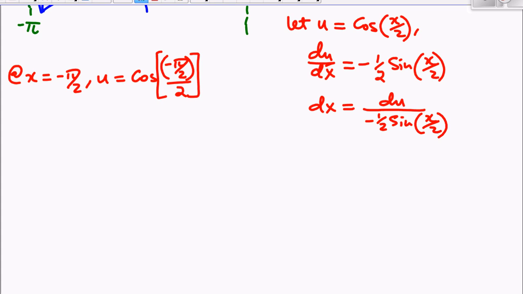This is the same as cosine negative pi over 4, which is the same as cos negative 45 for those of you who are comfortable working with degrees.